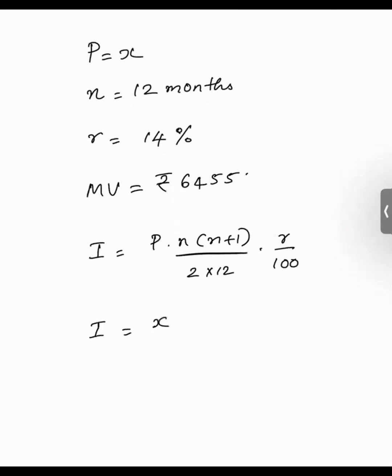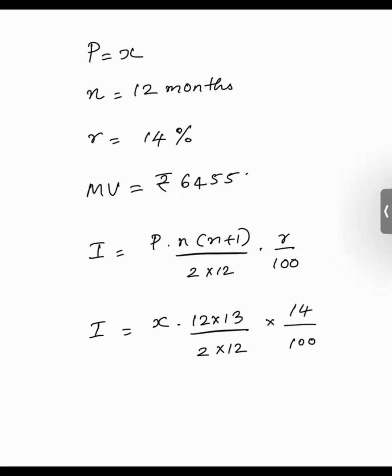P, I am writing P as X. Now, what is N? N was 12. So write 12 into 13 by 2 into 12. Why 12 into 13? Because N into N plus 1. So 12 into 13 into R, which is 14 by 100.